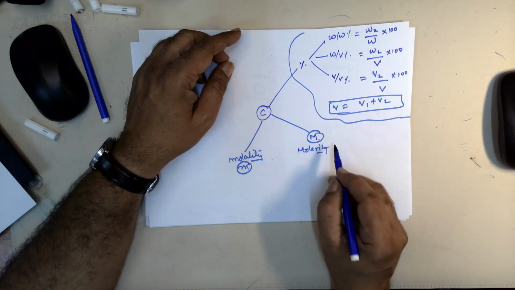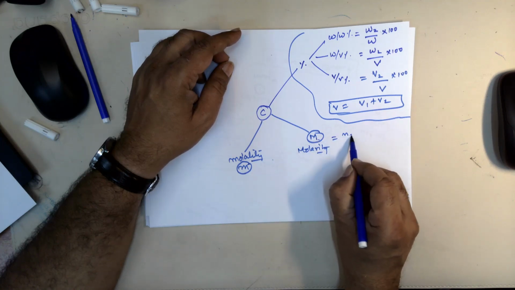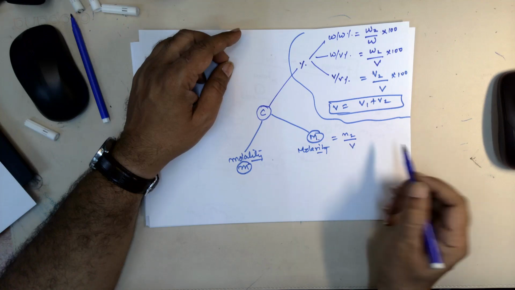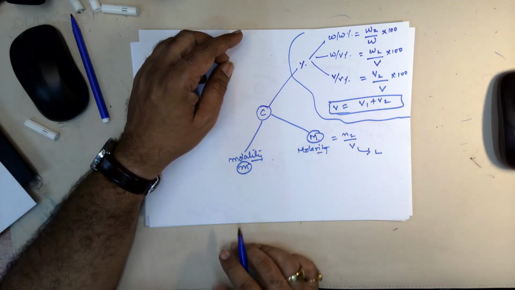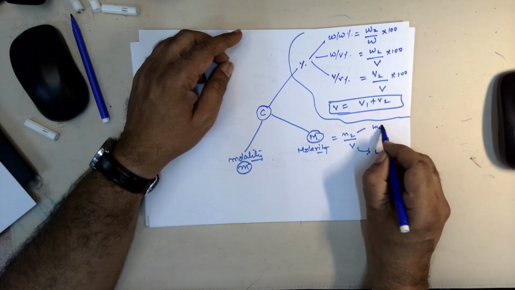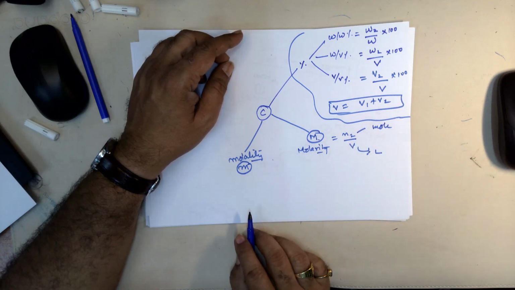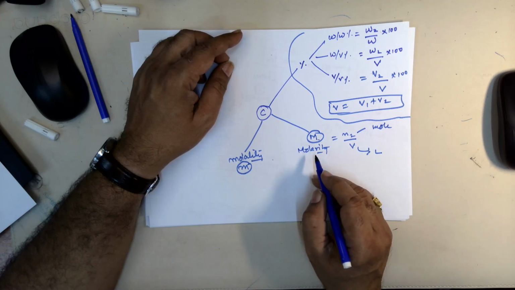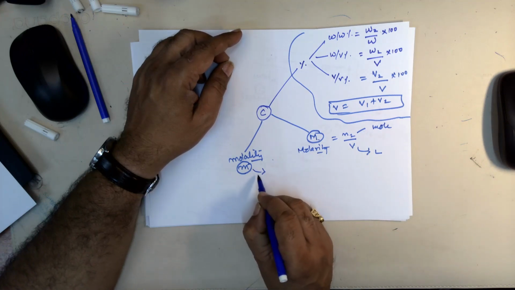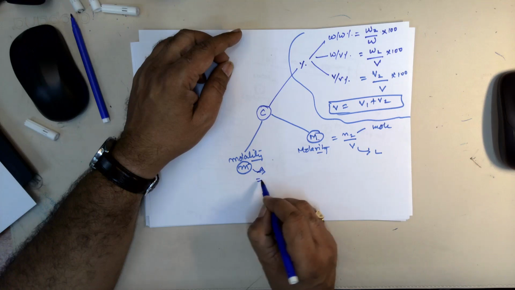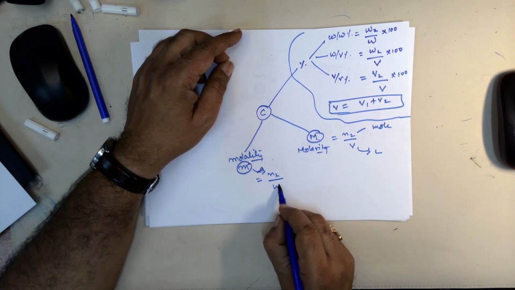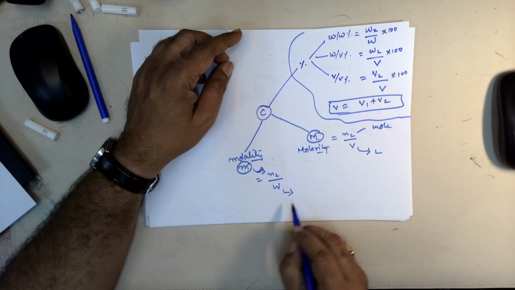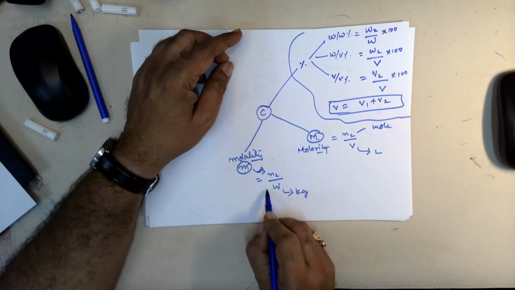For instance, when I say molarity, M is equal to the number of moles divided by the volume of the solution, which is given in liters normally. Similarly, molality is the number of moles of solute divided by W, the weight of solution in kg.